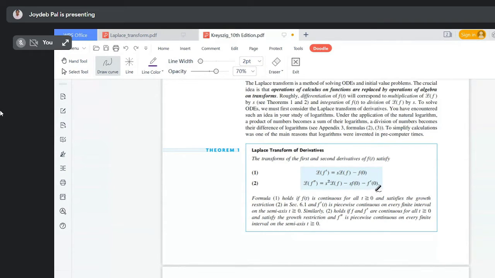So by using that rule, what will be the Laplace transform of f triple dash? Can you tell me? Laplace transform of f triple dash.